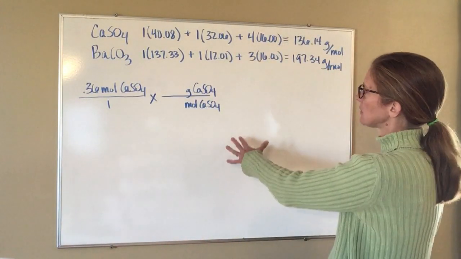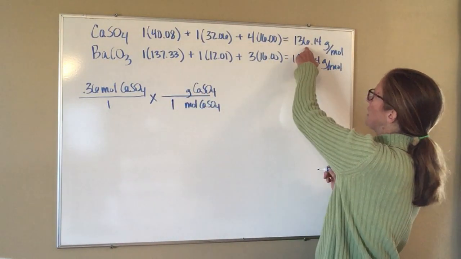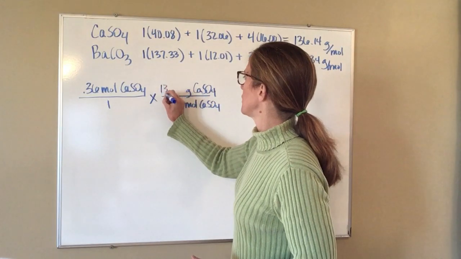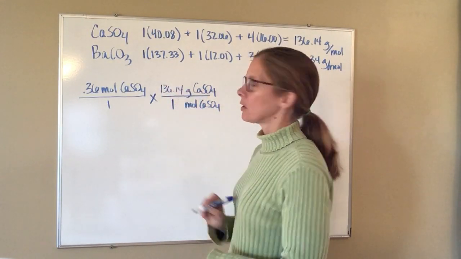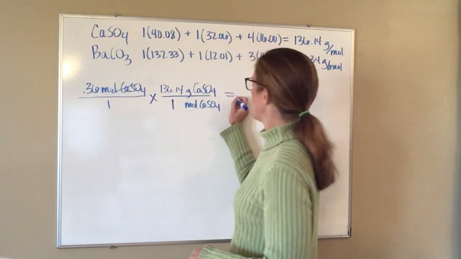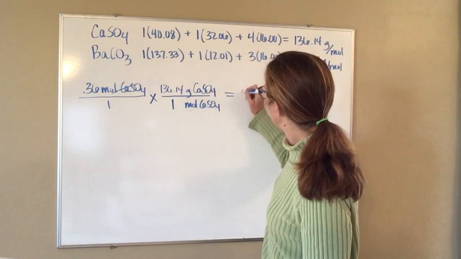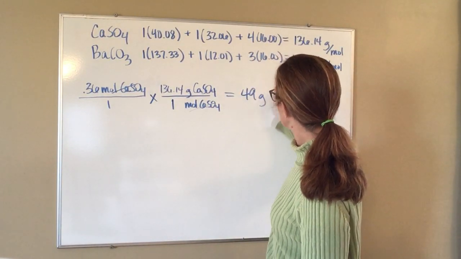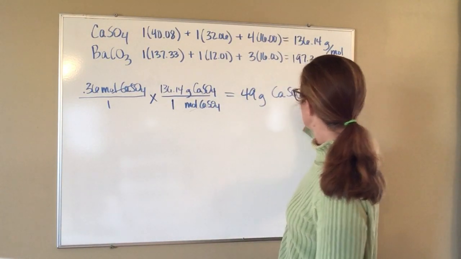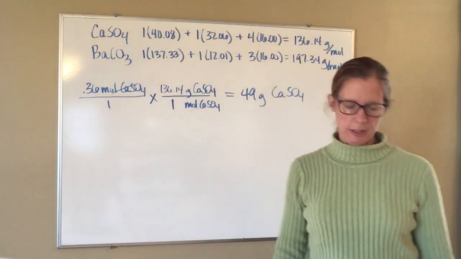Because I've already calculated the molar mass, I know that for every 1 mole of calcium sulfate, I have 136.14 grams of calcium sulfate. So moles will cancel out, and when you multiply those two together, you should end up with 49 grams of calcium sulfate. Okay, two significant figures here because I started out with 2 here.